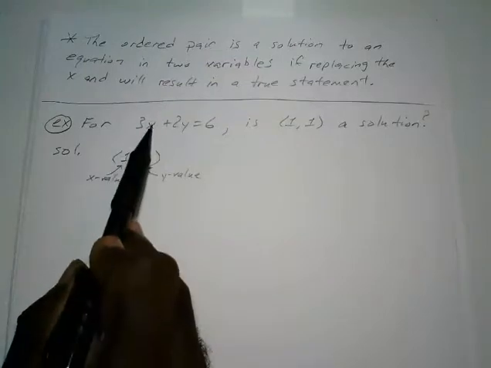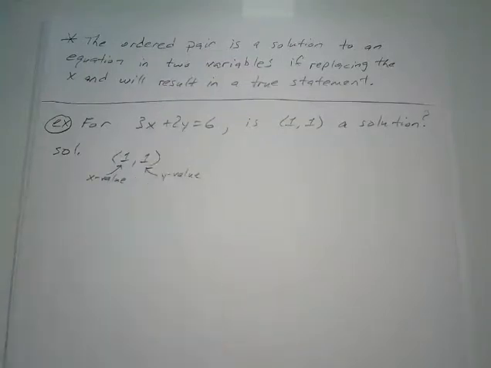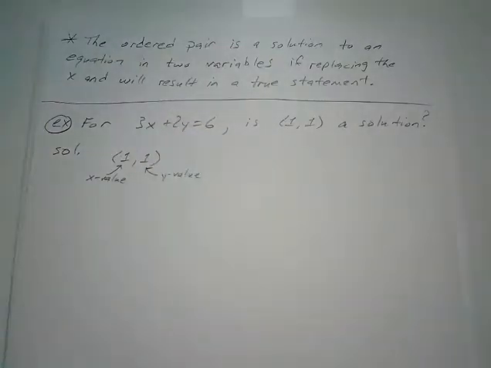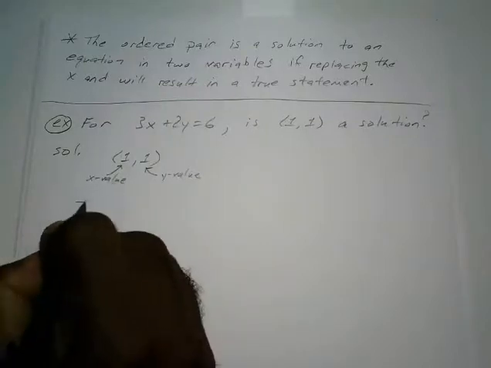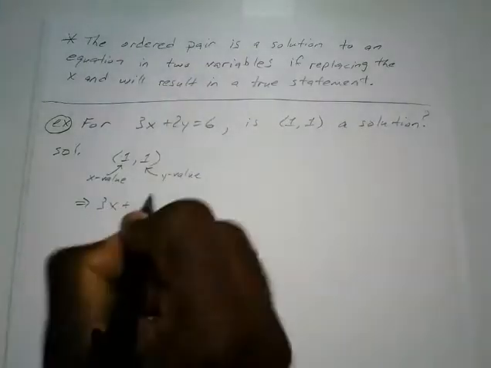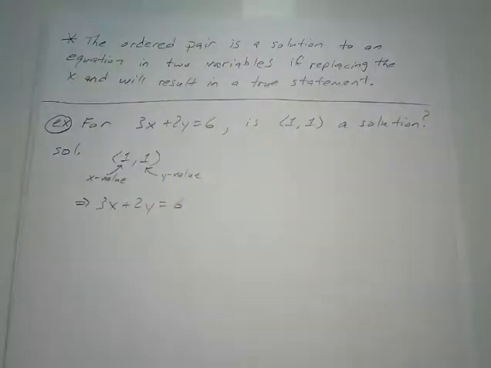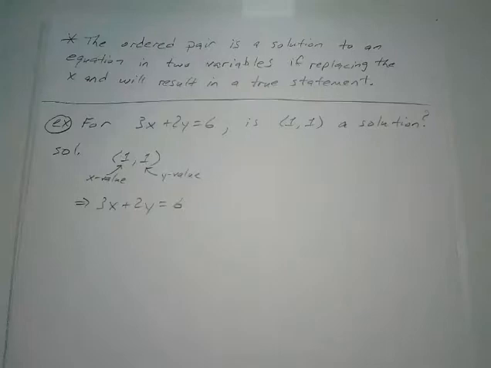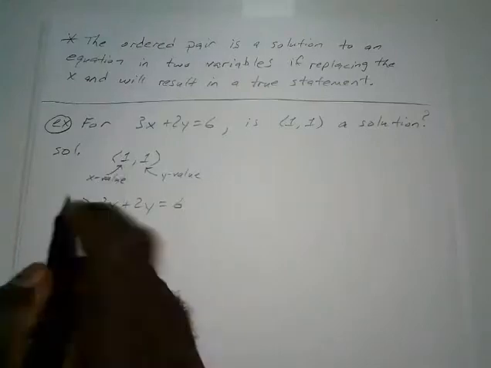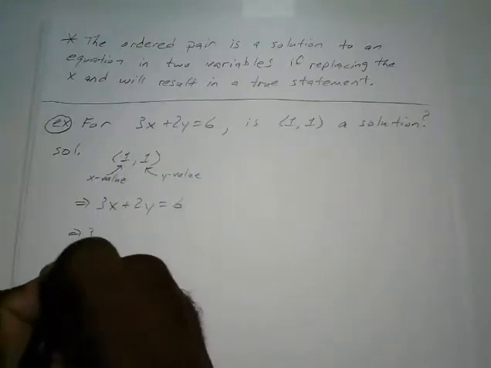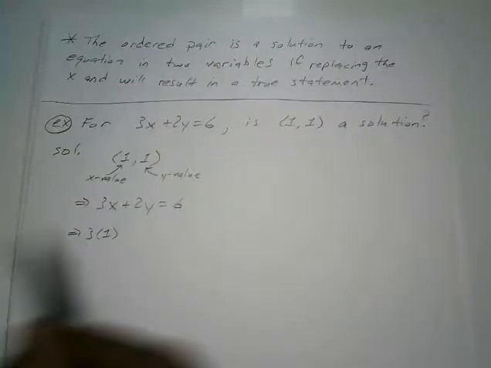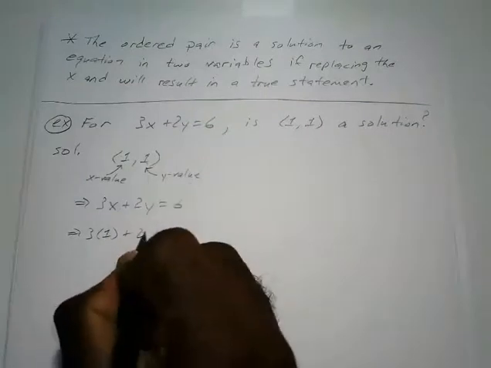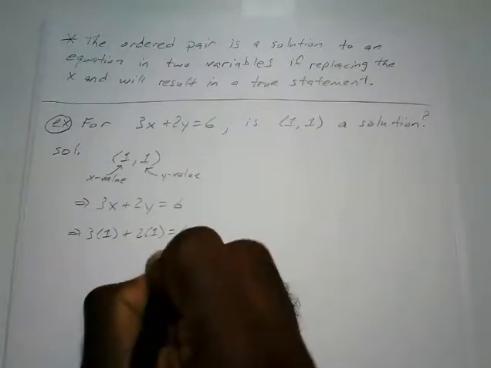We plug our x value in for x and our y value in for y, and if that comes out to be a true statement, then we know that 1, 1 is a solution. Okay, so we started off with 3x plus 2y equals 6. Now we replace x with 1, so we have 3 times 1 plus, and we replace y with 1, 2 times 1 equals 6.